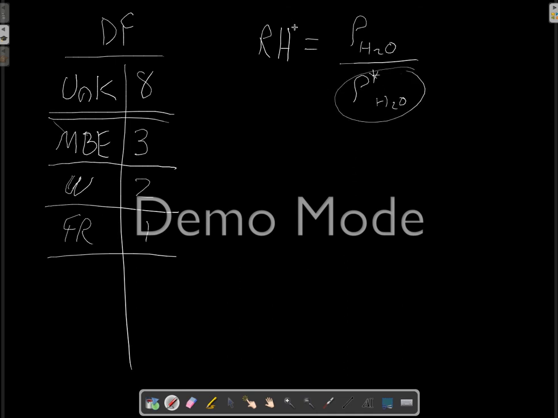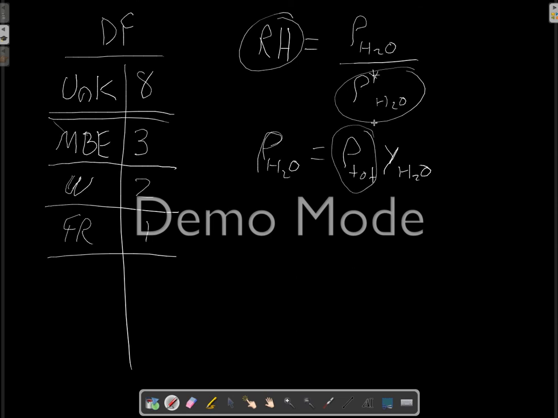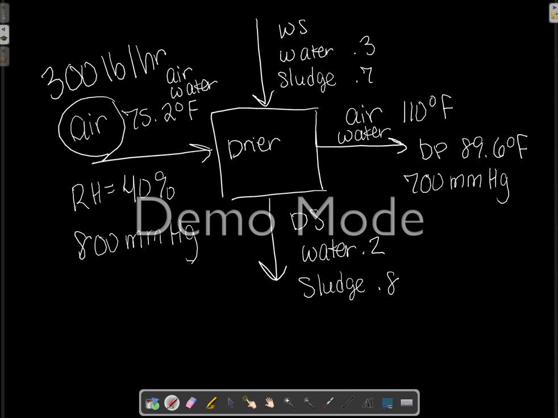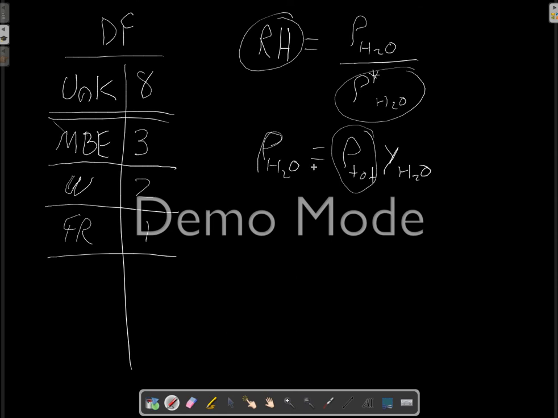So we know that, and that'll give us our partial pressure of H2O. Our partial pressure of H2O is equal to our total pressure times our mole fraction of H2O. So what does this partial pressure of H2O give us? Well, nothing unless we also have this total pressure, which we do. That's our 800 millimeters mercury. So we are able to find our mole fraction of H2O.